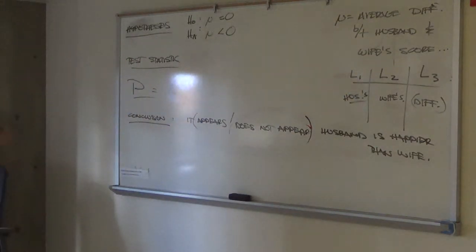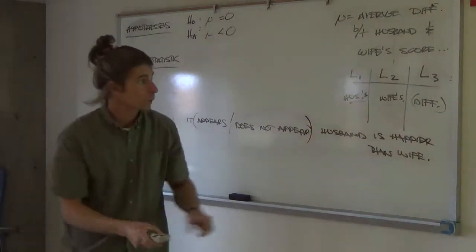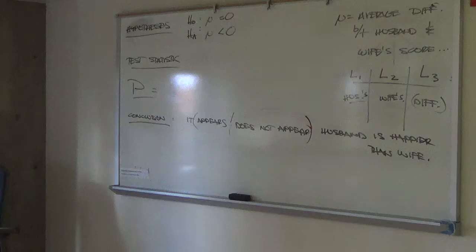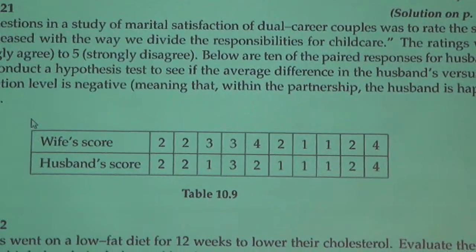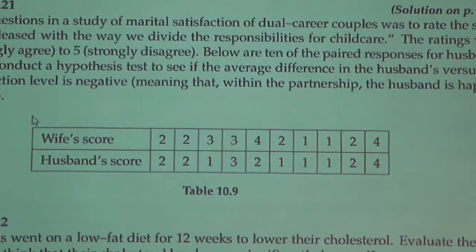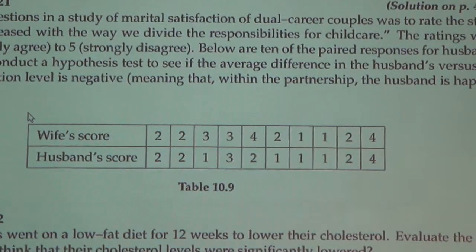Why? Now this is where you have to go back into the problem and read again. Full screen now. Okay, read those words, especially how the values are defined. What numbers indicate more agreement with the statement?